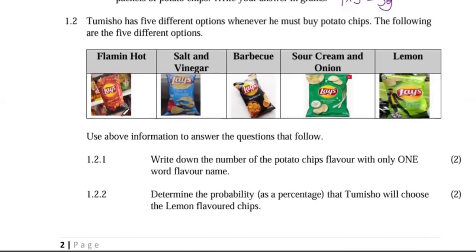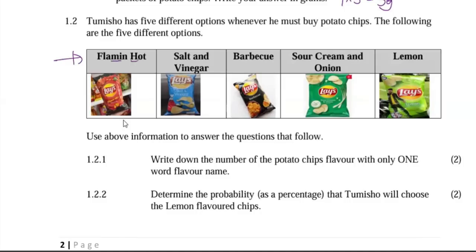Tomiso has 5 different options where he must buy potato chips. The following are the 5 different options. So there are 5 there. Their names are those ones on top. They're asking you to write down the number of potato chip flavors with only 1 word flavor name.